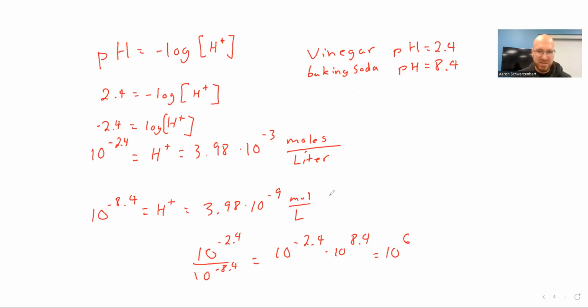We can talk about this in terms of orders of magnitude. I don't know if you guys have heard of orders of magnitude in science. An order of magnitude is how many times 10. So 10 to the sixth is 6 orders of magnitude. Orders of magnitude just means take the exponent when I'm talking times 10.